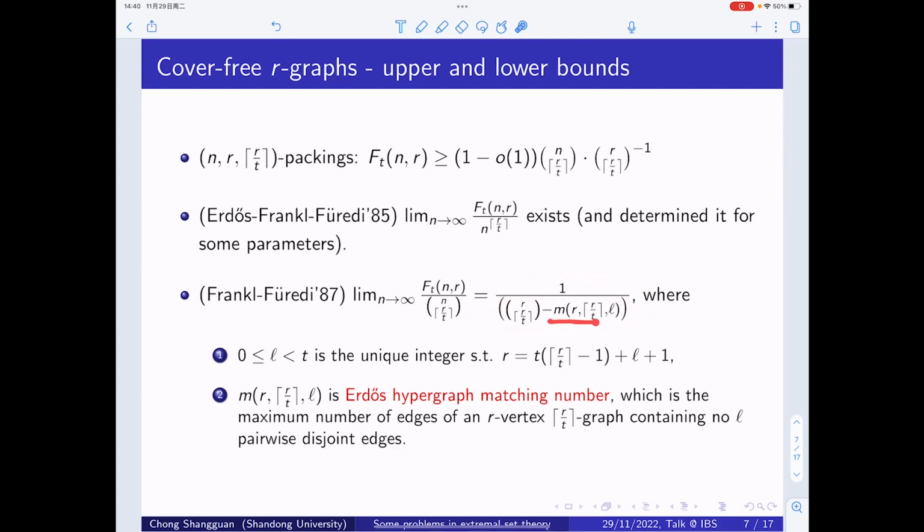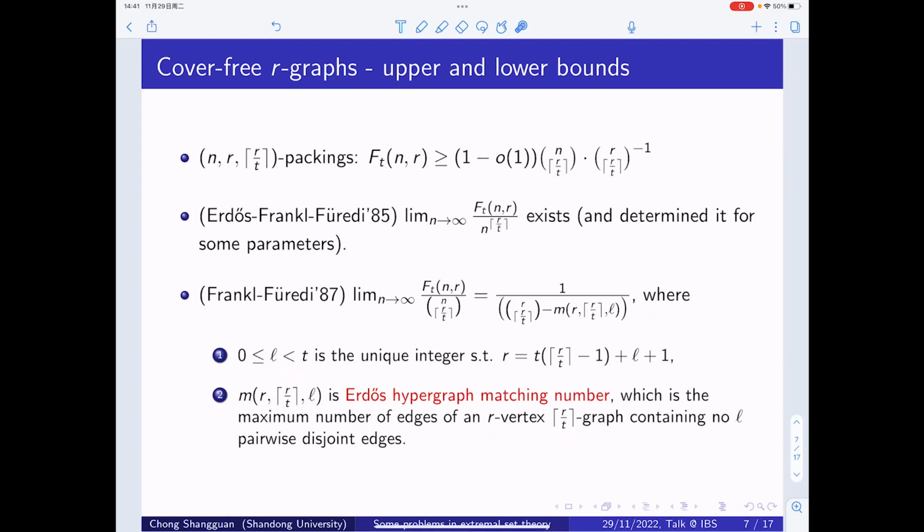In particular, the function m(r, the ceiling of r over t, l) is the well-known Erdős hypergraph matching number, which is the maximum number of edges of an r-vertex, sorry, r-uniform... so here the ceiling of r over t means the uniformity of the graph, containing no l pairwise disjoint edges. So in other words, this is the maximum number of edges of a hypergraph whose matching number is bounded above by l minus 1.